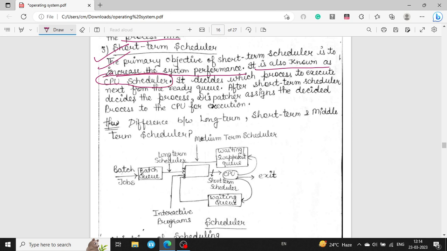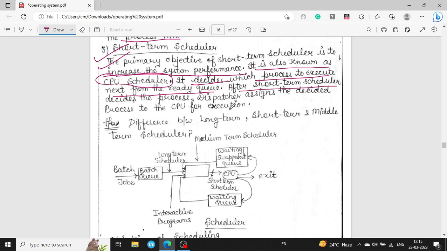When in an exam you are asked what a CPU scheduler is, or what a short-term scheduler is, you have to give the same answer, because the short-term scheduler is also known as the CPU scheduler. And what does the CPU scheduler do? It decides which process to execute next from the ready queue.